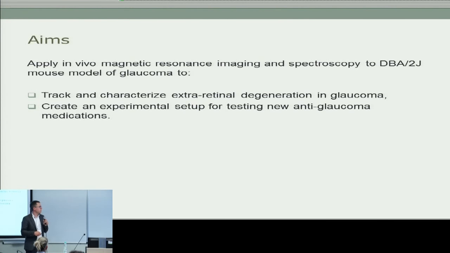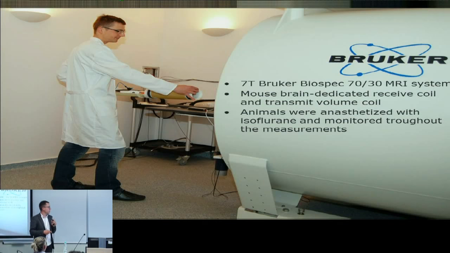So our project was aimed to track and characterize this extraretinal degeneration in glaucoma, in fact in slowly progressing glaucoma, and to create an experimental setup that could be in future used for testing new anti-glaucoma approaches.